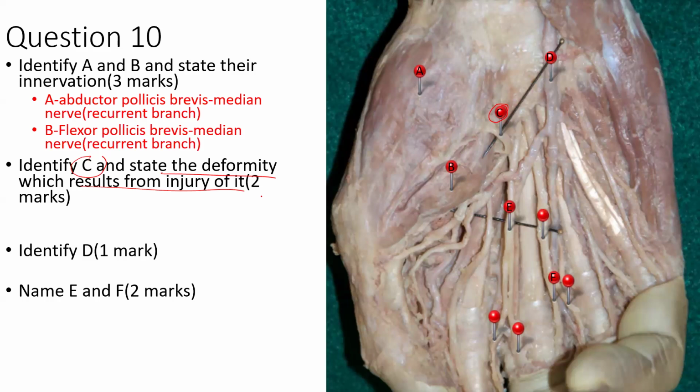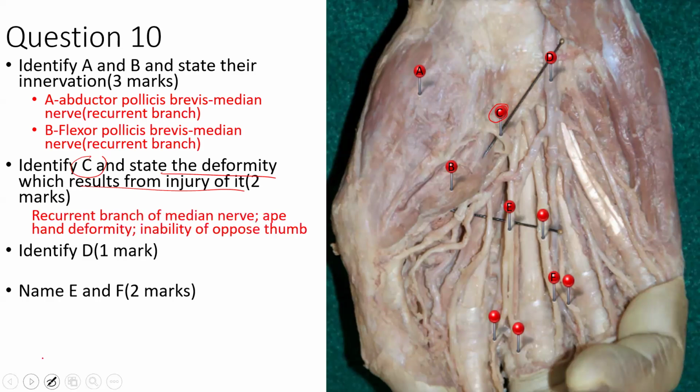It is the opponens pollicis that has now been eliminated or cannot now act, and that means you cannot oppose. So an ape hand simply refers to a non-opposable thumb. And if your thumb cannot oppose, you won't have that grasp of structures as someone had said earlier.